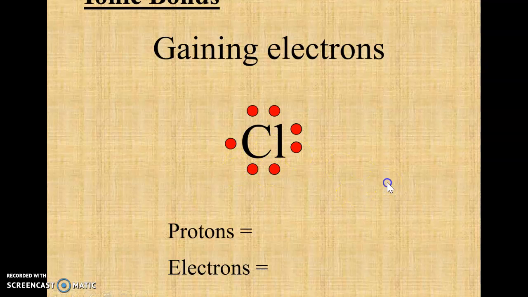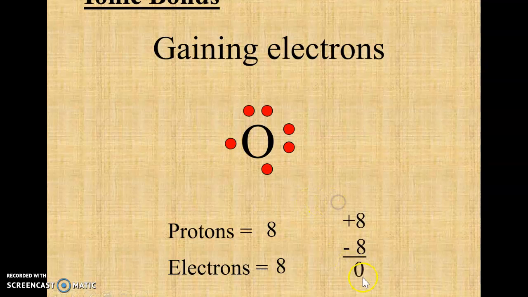So chlorine is going to gain an electron to get those 8 valence electrons. So right now it's 0, but to become an ion, gain that electron, it becomes a negative ion, also known as an anion. Oxygen, and I'm just going to run through these quickly. Same thing, 8 and 8, making it 0.